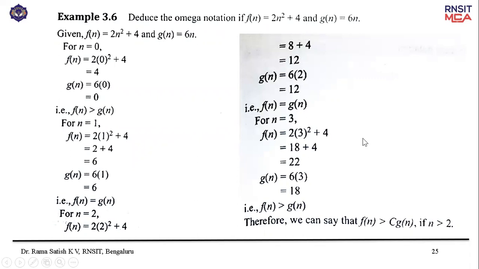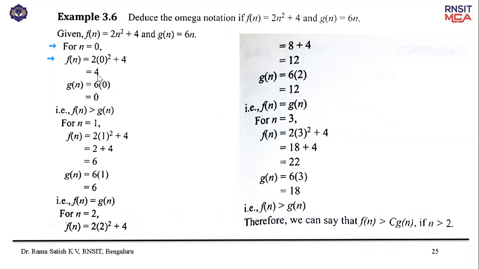And as an example, deduce the omega notation if f of n is equal to 2n plus 4, where g of n is equal to 6n. So in this case f of n should be greater than c g of n, and of course we'll consider this case by specifying n.